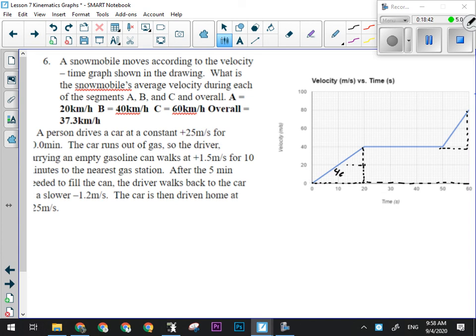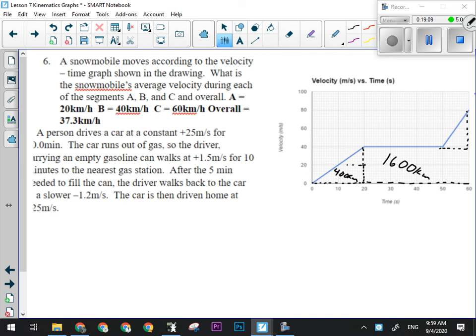So this area here is going to be 400 kilometers. Are you all right with that? Then I've got this rectangle where it travels at a constant velocity of 40 kilometers per hour from 20 to 60 hours. So 40 times 40, that should be 1,600 kilometers, is that right? Yeah.